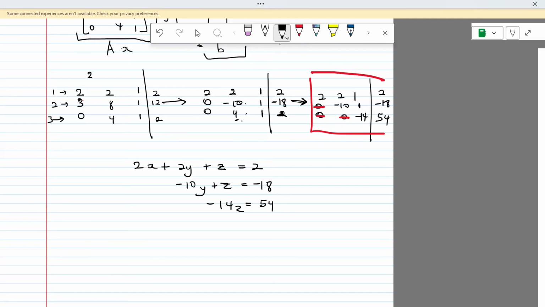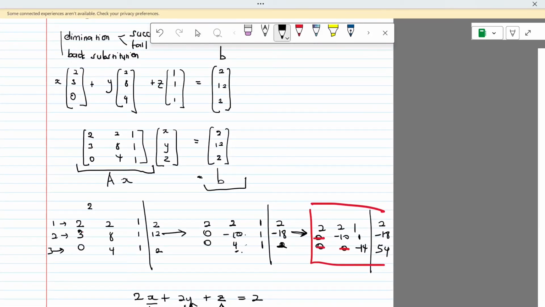So from this is now where the back substitution comes in, whereby we can solve for this z. Then after solving for z, we can substitute it into here. We get the y, then we substitute the y and z into this, and we finally are able to get the value of x.